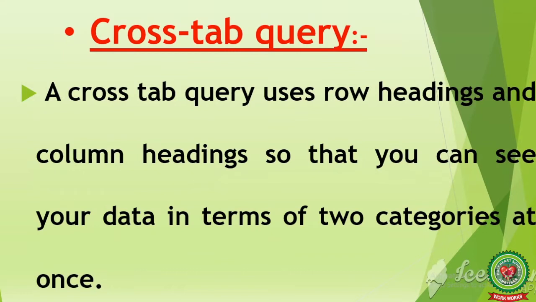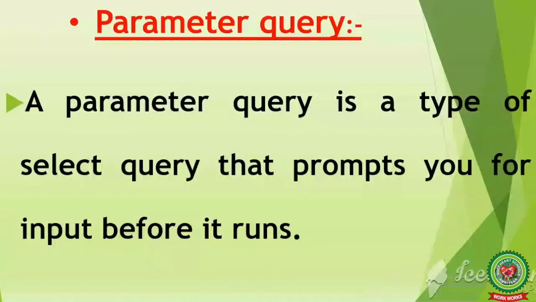The next query is the cross-tab query. A cross-tab query uses row headings and column headings so that you can see your data in terms of two categories at once. Next is the parameter query. A parameter query is a type of select query that prompts you for input before it's run.